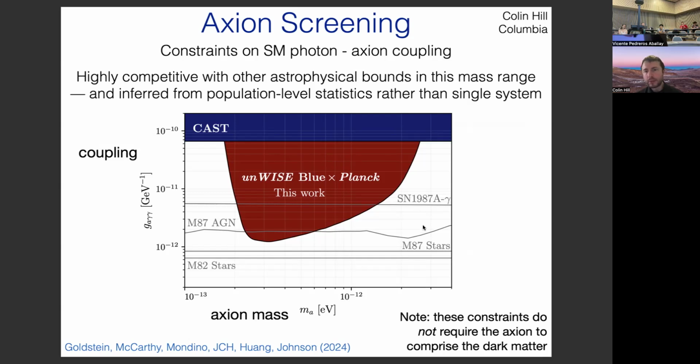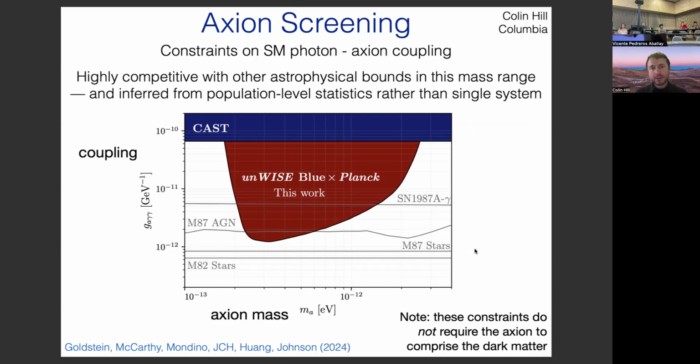The gray bands on this plot are from non-resonant conversion. If you have a very close by system like a nearby galaxy, or something with a very strong magnetic field like a supernova, then you can actually look for non-resonant conversion, and that turns out to be pretty sensitive. For axions of different mass ranges, there's lots of different probes that come into play. People have looked for signals from axions decaying into photons of different energies, for example.